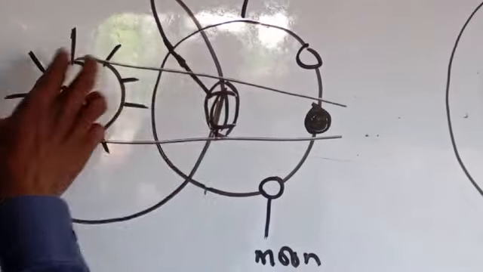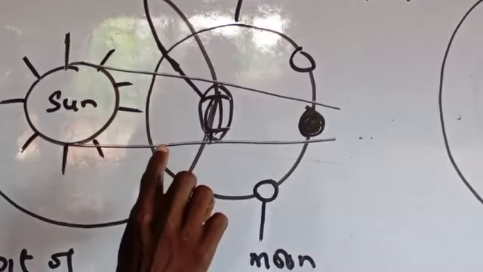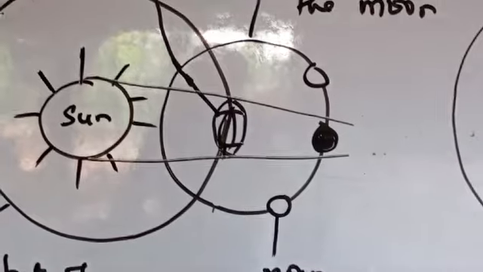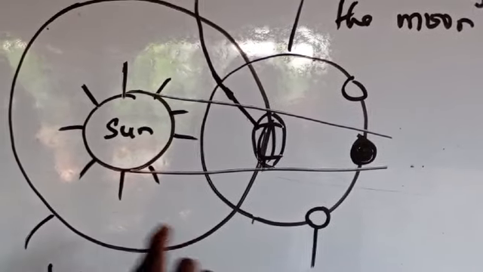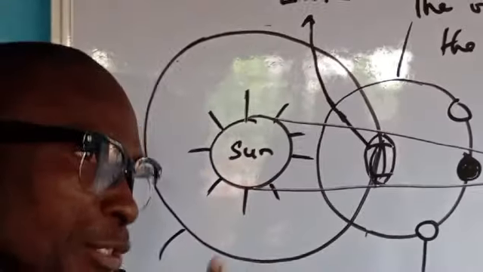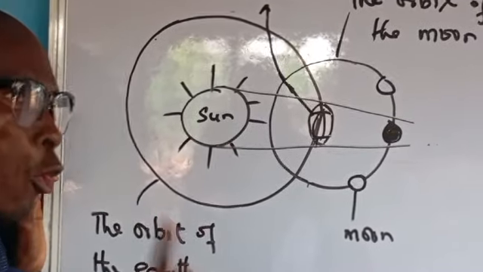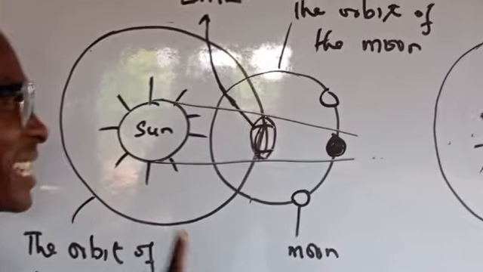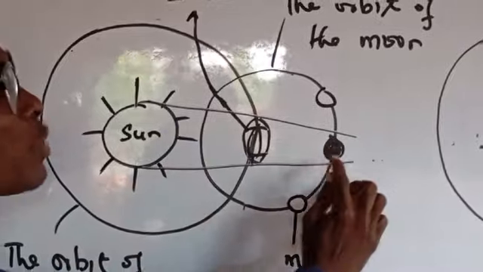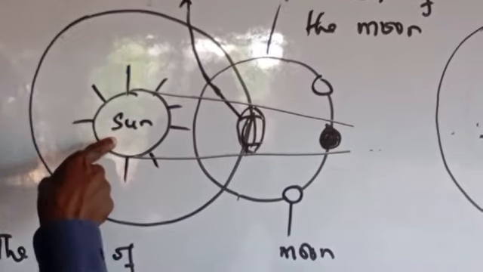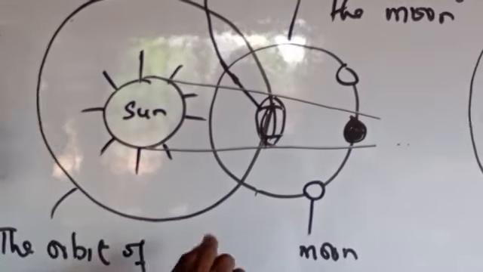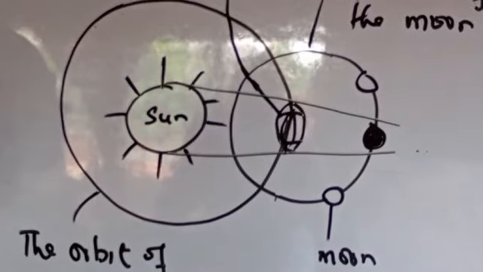And the kind of eclipse that occurs here, we call it lunar eclipse, which is also known as the eclipse of the moon. When that eclipse occurs, it means that the earth is between the moon and the sun. That is when lunar eclipse occurs.